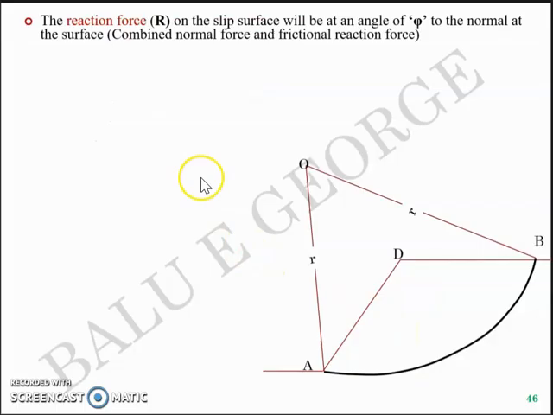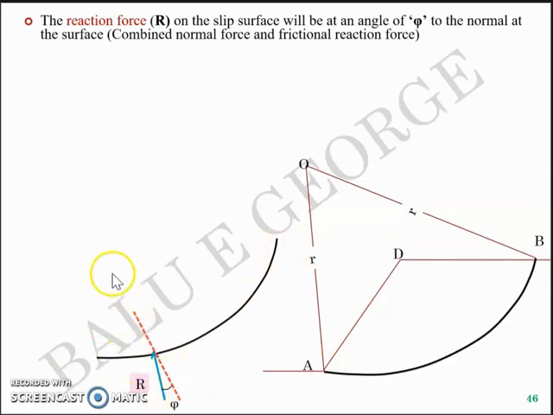The reaction force R on the slip surface will be at an angle phi to the normal at the surface, which means a combined normal force and the frictional reaction force. To put it simply in geometry, you have the surface here and it'll have a normal here, and with respect to the normal, the reaction R will be inclined at phi, where phi is the angle of internal friction.